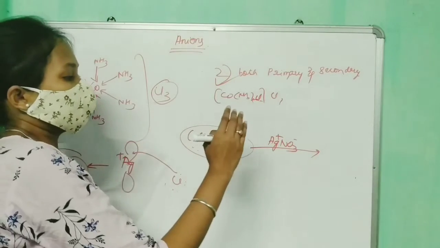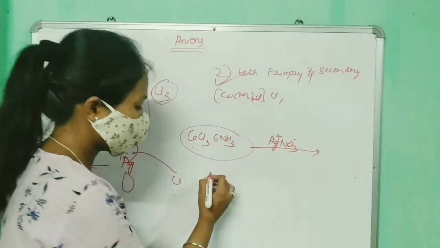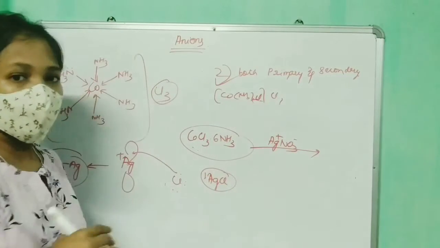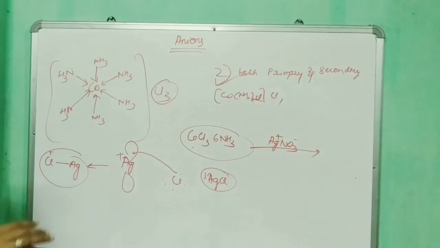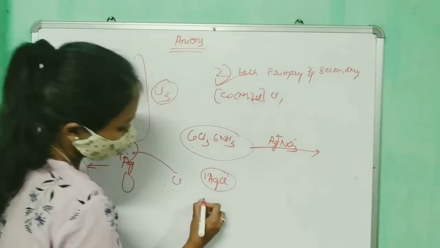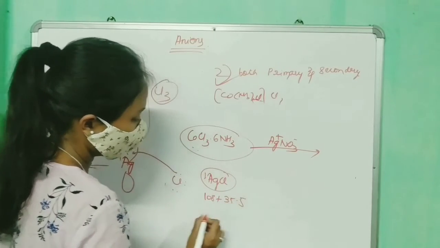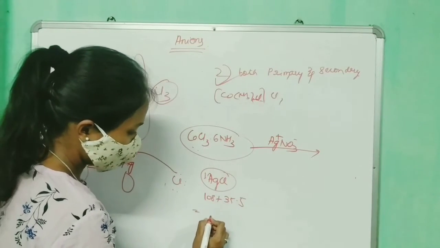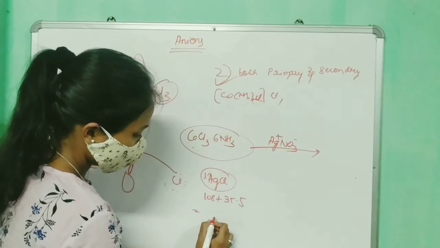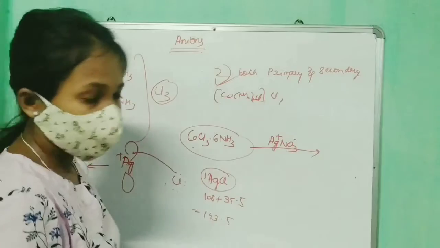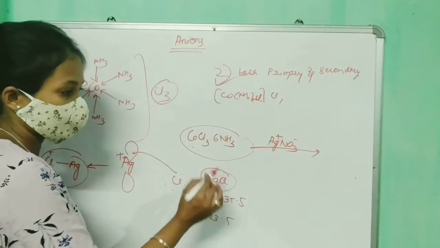So he took out the molecular weight of 1 AgCl, right? Like we know silver has molecular weight 108, and chlorine has 35.5, right? So if we calculate it, what we get is 143.5. So 143.5 is your molecular weight of 1 AgCl.